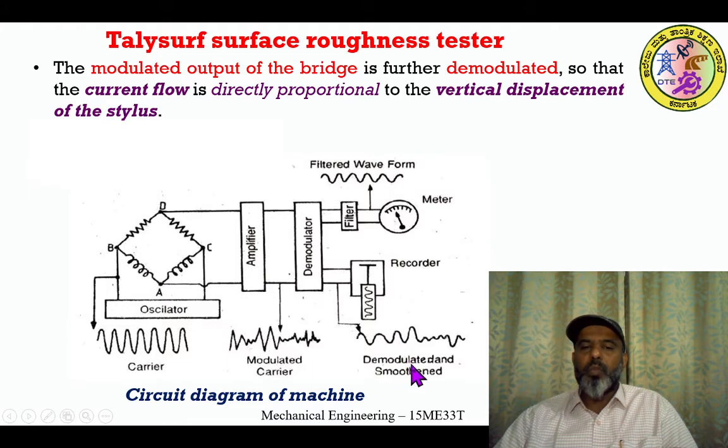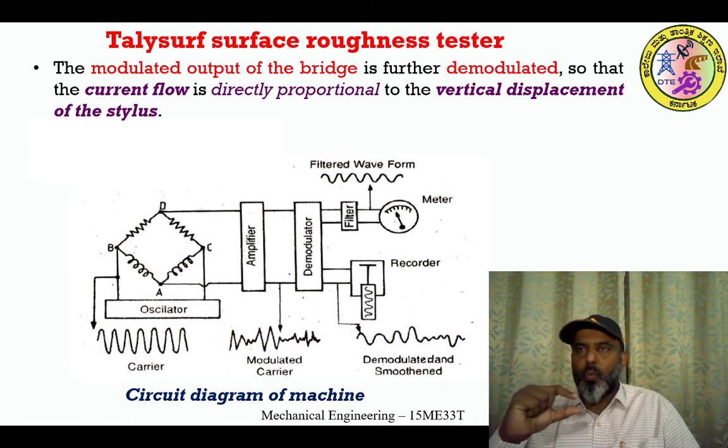The smoothened surface obtained is directly proportional to the vertical displacement of the stylus. It means the vertical displacement of the stylus is directly proportional to the electrical output, and this waveform shows the electrical output.